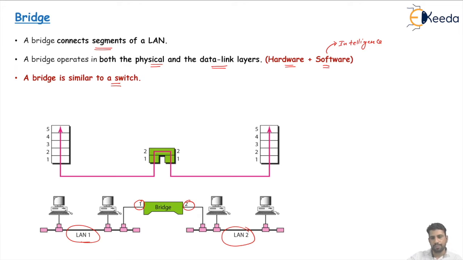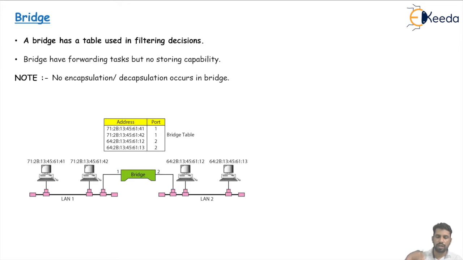In a switch we have a lookup table that has four main properties, and a bridge also has a lookup table with these same four main properties. One is the filtering capability, or you can say the filtering decision.